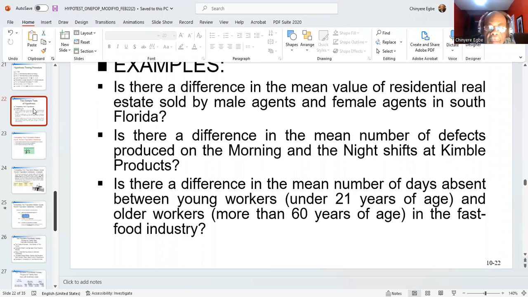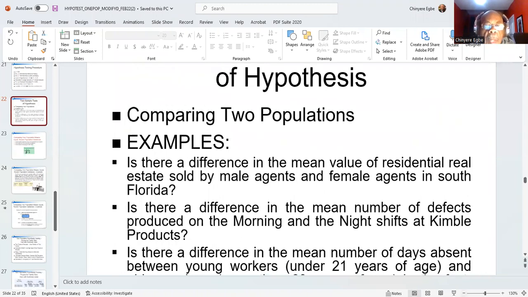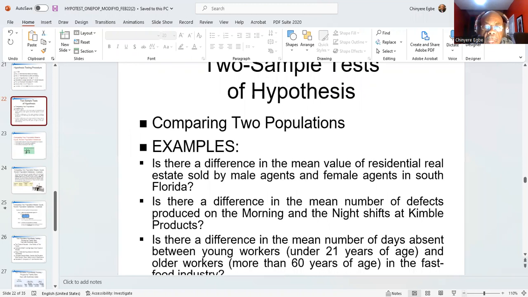All right. So now we are looking at hypothesis testing for two populations. Two sample test of hypothesis comparing two populations. And here's an example. Is there a difference in the mean value of residential real estate sold by male agents and female agents in South Florida?